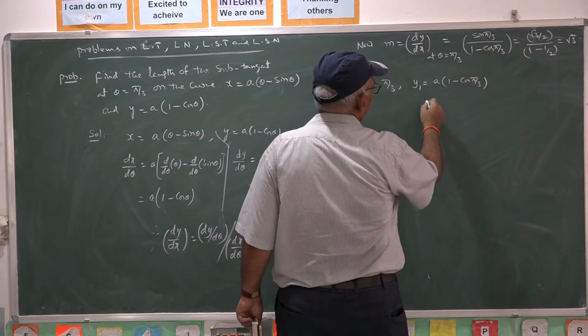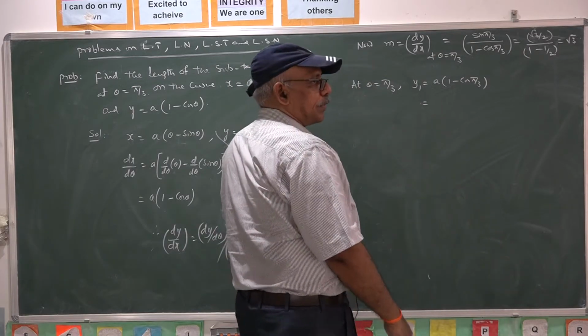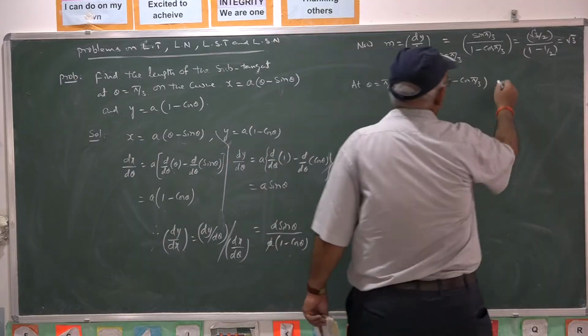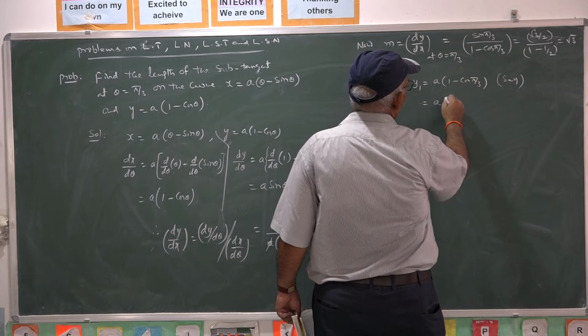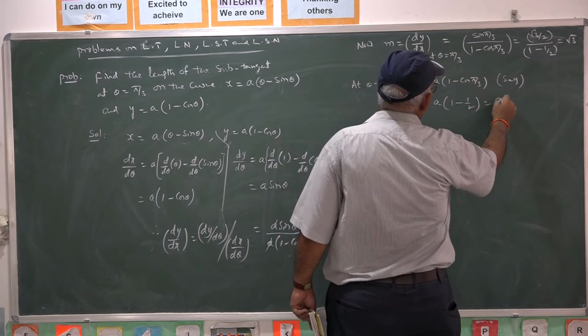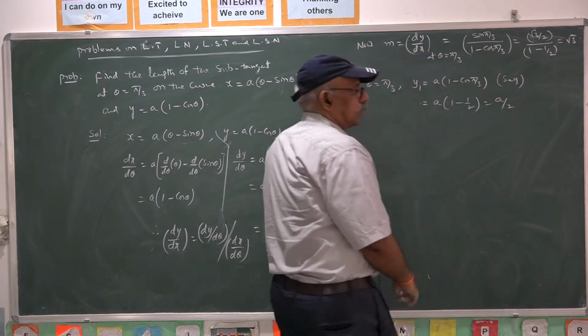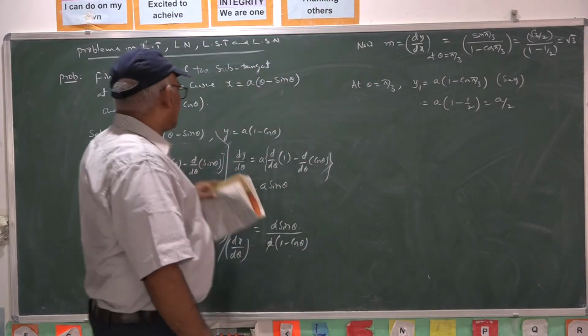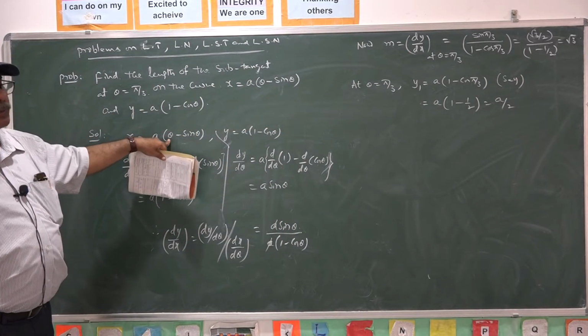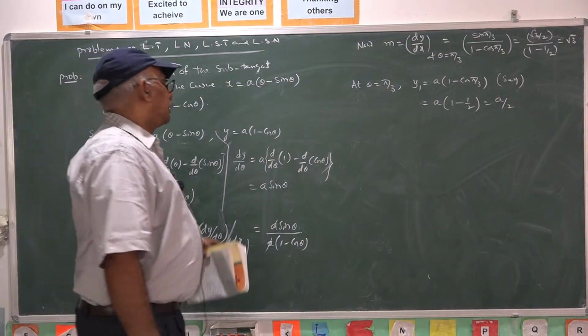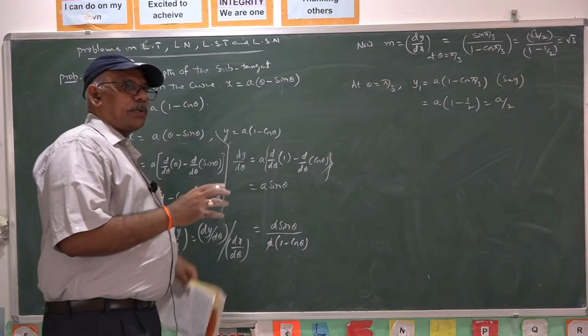Let us consider the y coordinate of the point as y1. So this is a into 1 minus 1 by 2, that is a by 2 here. For x coordinate you have to put theta equal to pi by 3 in this one. So, that gives us x1. The point, suppose the point is x1, y1.